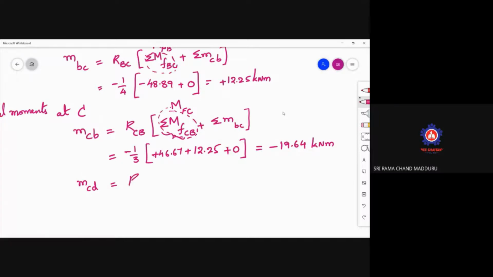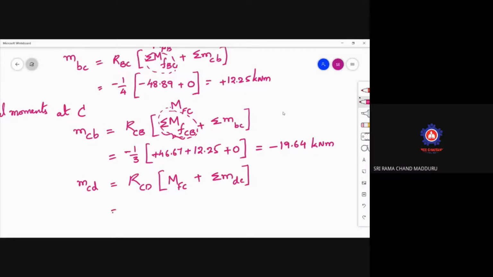is equal to RCD into, instead of writing sigma MFCD, I can write it as MFC plus sigma MDC. For CD, here it will be MFC plus sigma MDC.